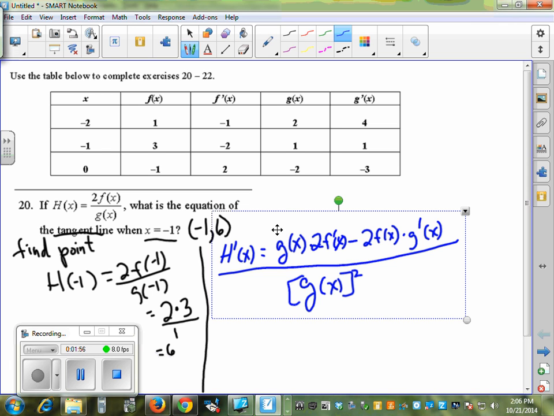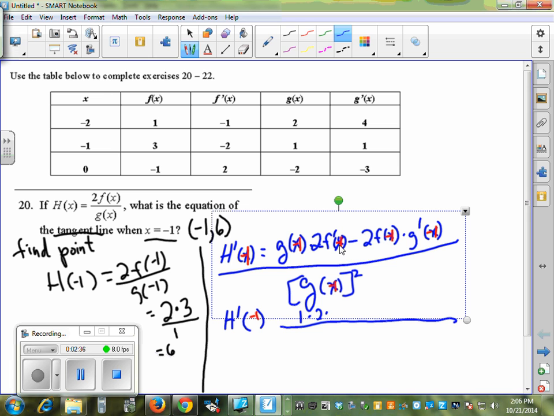Okay, now next thing we need to do is plug in our stuff because we want to know when this is all going to be happening at -1. So everywhere we see an x, we can plug in -1. So we need the value of g when x is -1. That's 1 times 2.